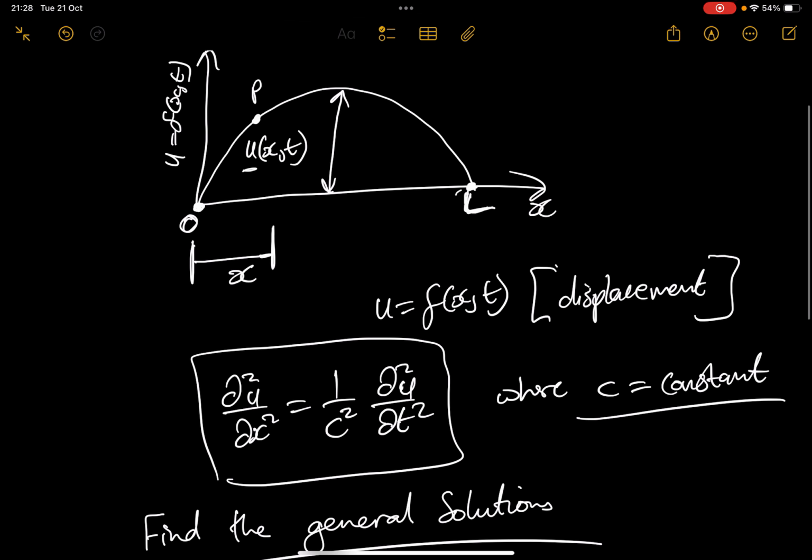Therefore, we disregard this case. We disregard this case, which means mu cannot be equals to 0. So let's look at the last one, whereby now we are saying case 3.